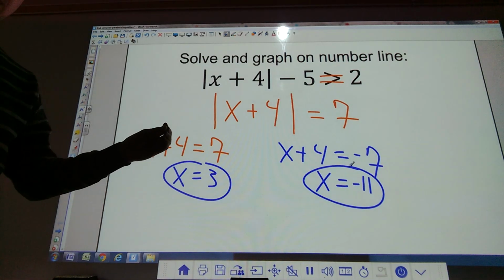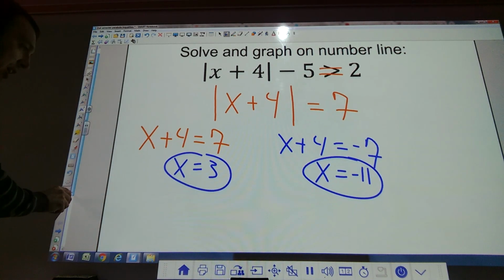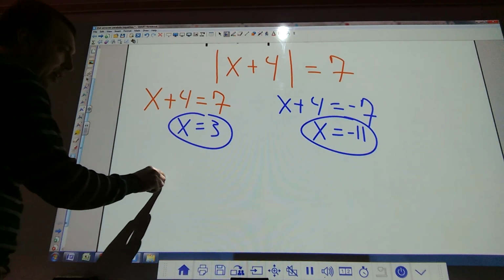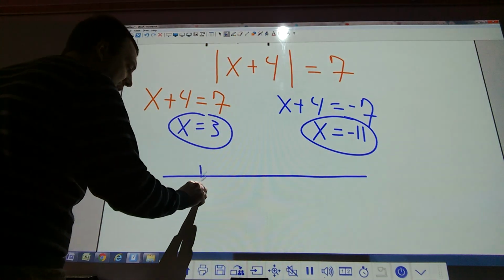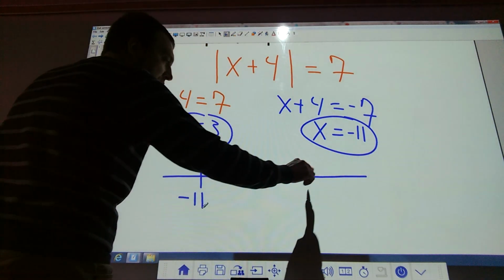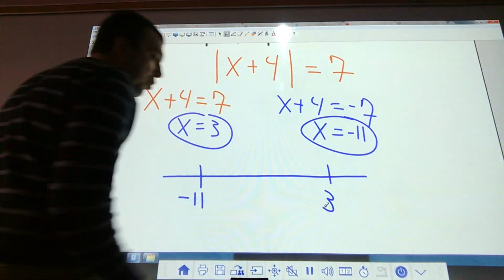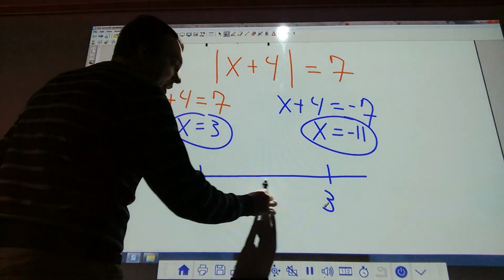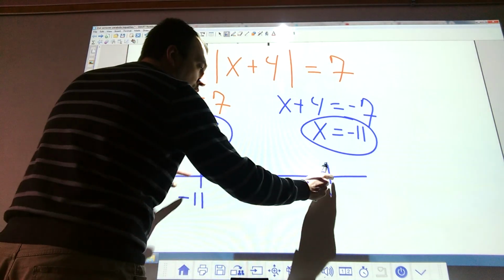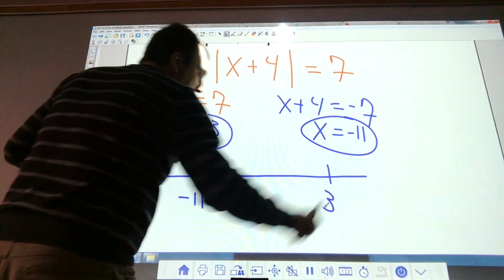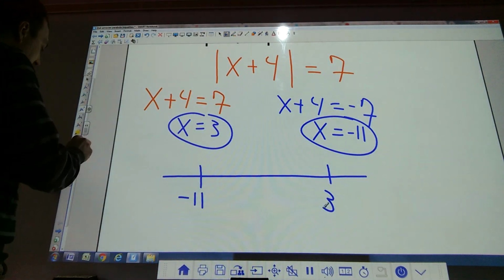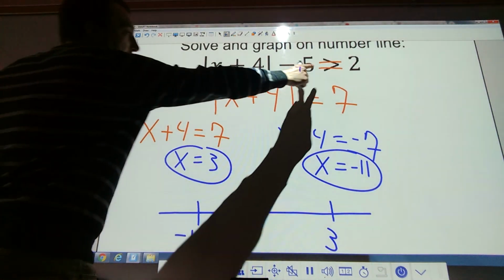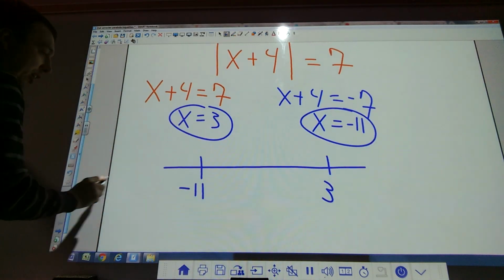So we wanted to write this on a number line from negative 11 to 3. And we have 2 options. We either shade in the middle of these 2 numbers or on the outside of these 2 numbers. So we go back and we see it's greater than. So it is an open circle.